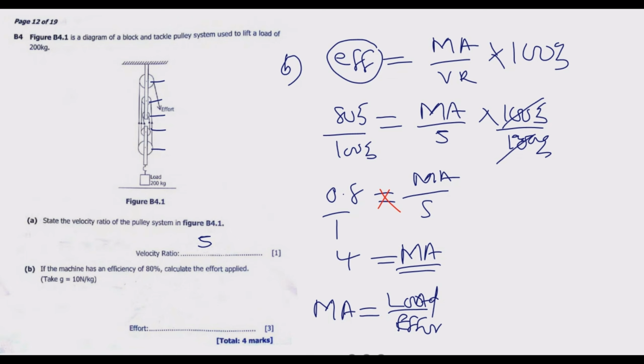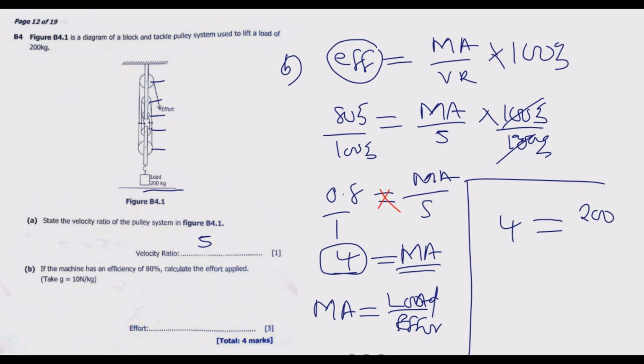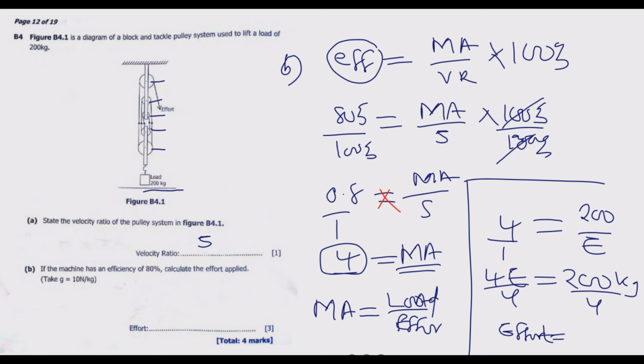So 4 is equal to the load, 200 kg, divided by effort E. Cross multiplying, 4E is equal to 200 kg, then we divide by 4, so the effort equals 50 kg.